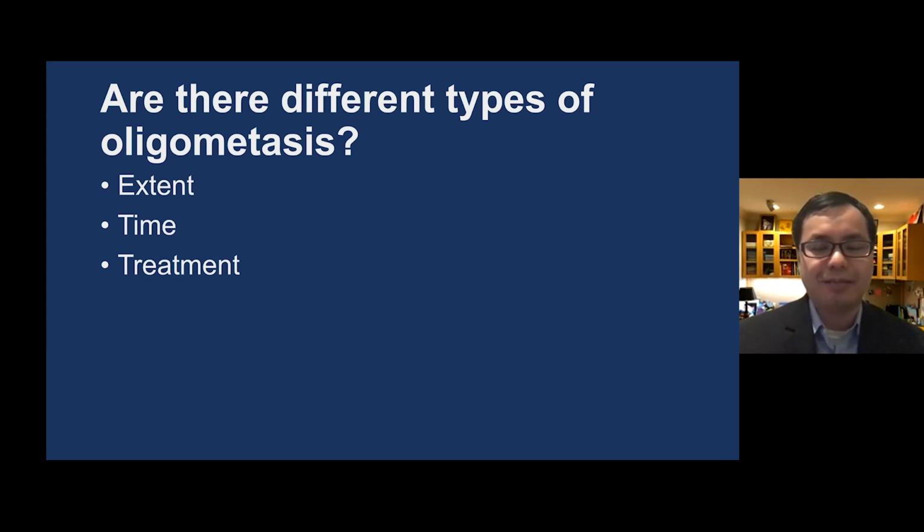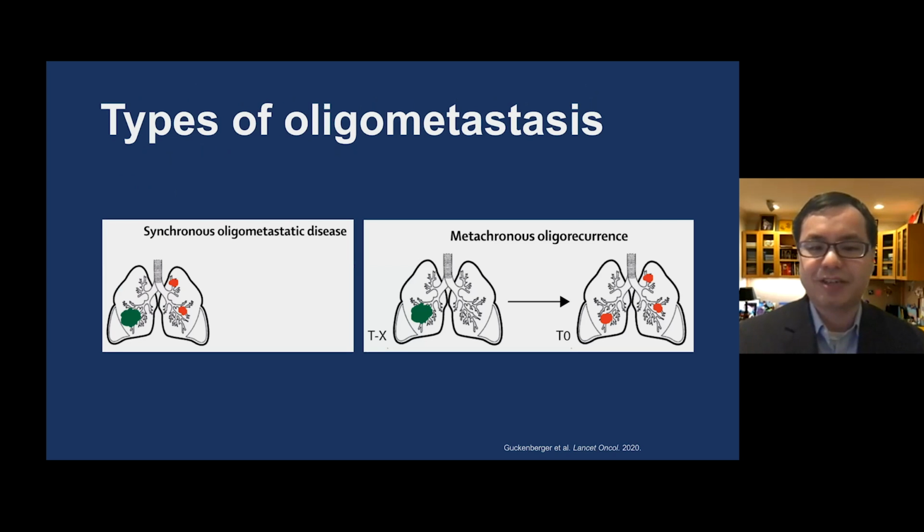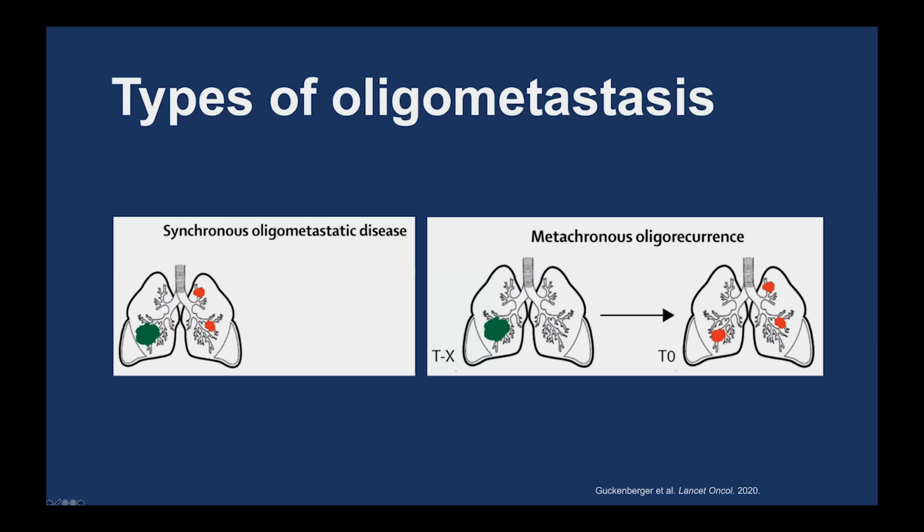To show a few of the guidelines that have been proposed as far as categorizing these types of oligometastatic cancer, there's what we call synchronous oligometastatic disease. That basically represents an area where you have the primary cancer, but then you have these other areas that have spread to the other lung, for instance, in this image, all at the same time as the original cancer. There's also what's called metachronous oligorecurrence.